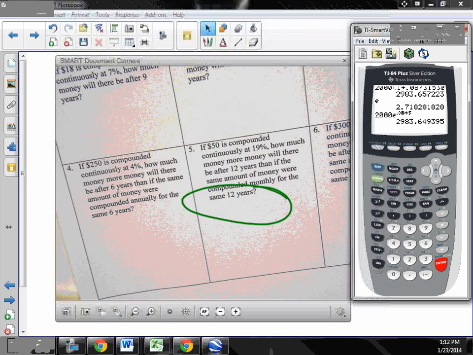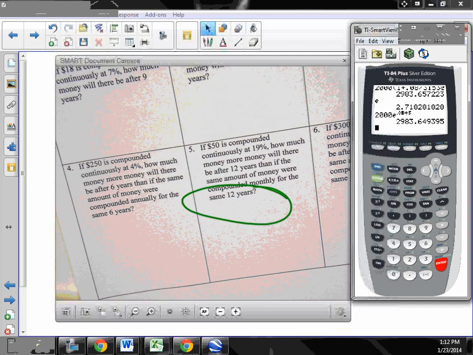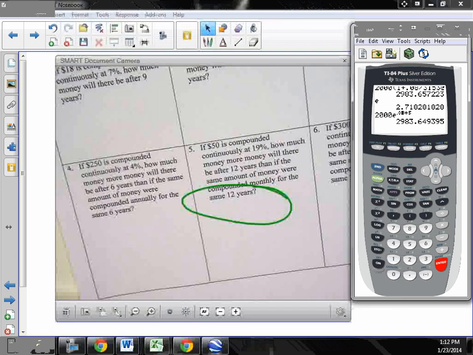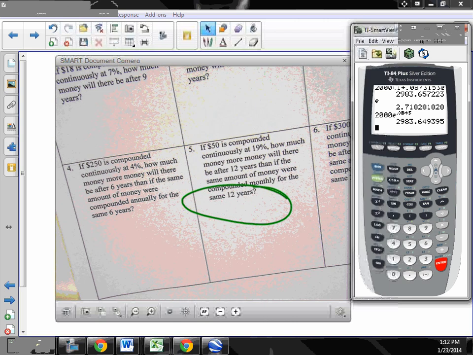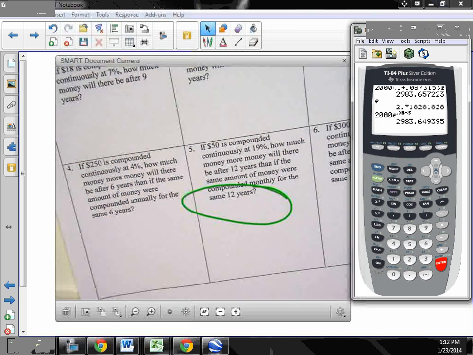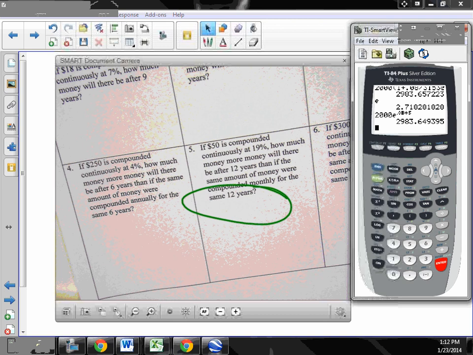Does that make sense? So that number that we calculated on the other page is actually more accurate because the e value in our calculator only has 1, 2, 3, 4, 5, 6, 7, 8, 9 decimal places. So we would need 20 or 30 or 40 or 50 decimal places in order to get a more accurate number. But, I mean, really, we're talking about like half a cent, right?